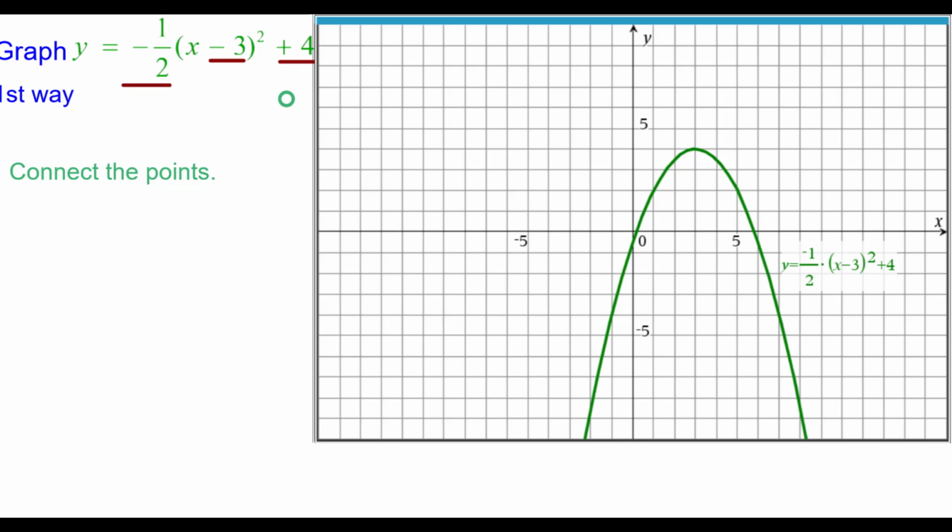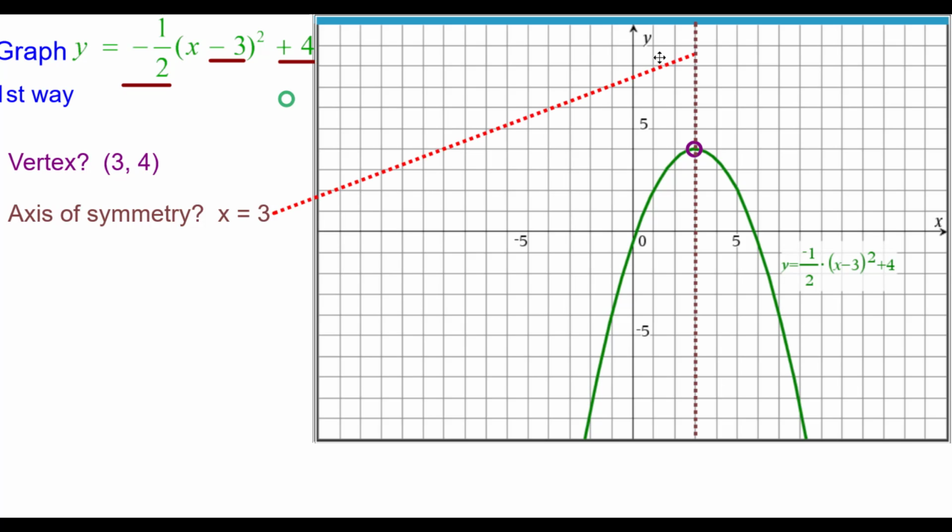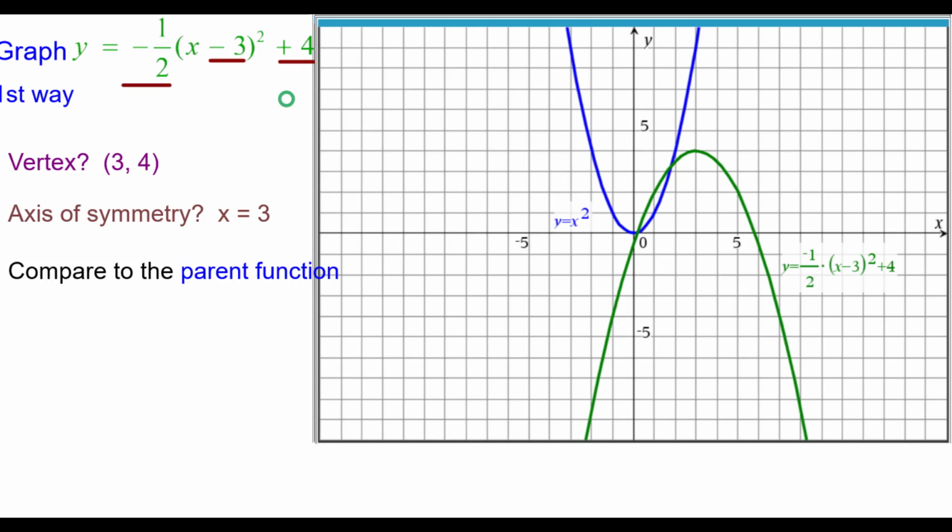We get our parabola opening downwards at a different vertex, which happens to be at the point (3, 4). The axis of symmetry is the line x equals 3. You can see it's symmetric about that line, a mirror image. Compare it to the parent function that opens upwards and has a vertex at the origin. As you can see, it's different.